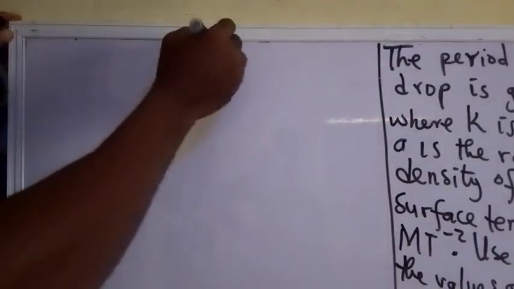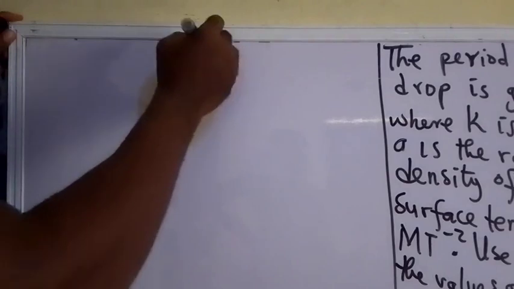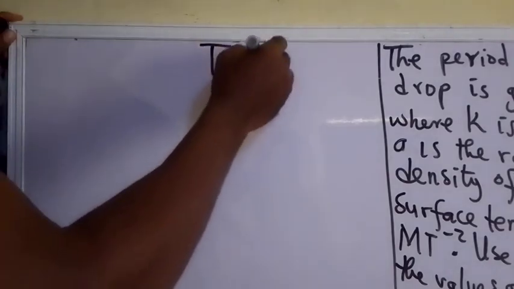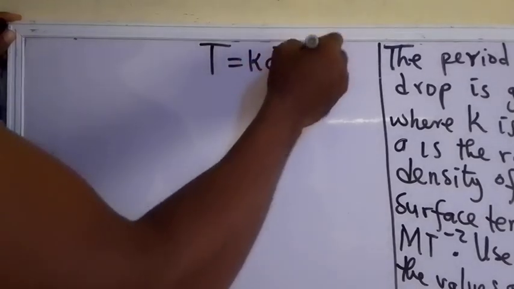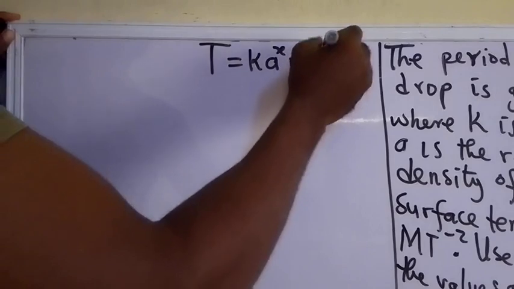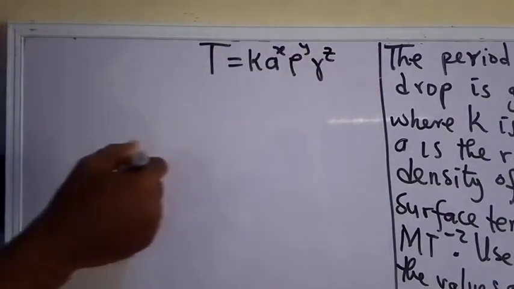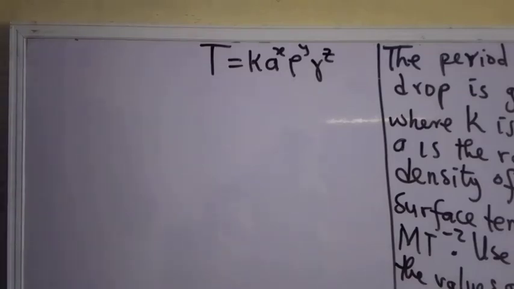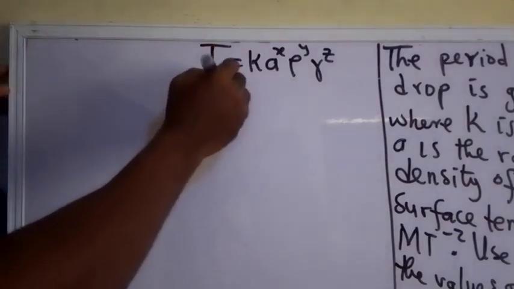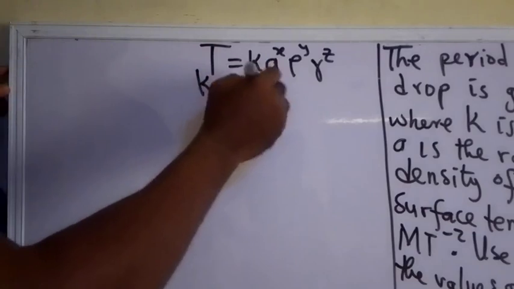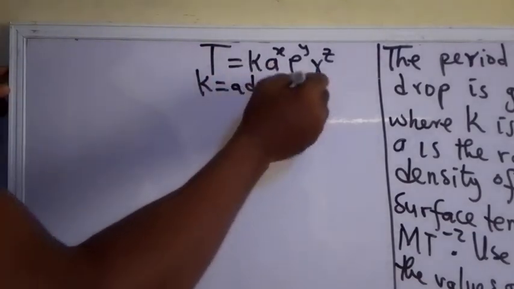Okay, guys, first of all, we write out the expression given to us. K A raised to power X, rho raised to power Y, and tau raised to power Z. We'll try not to confuse Z for 2. That's why I prefer putting a dash across my Z. Now, the first thing to take note of is K is a dimensionless quantity.